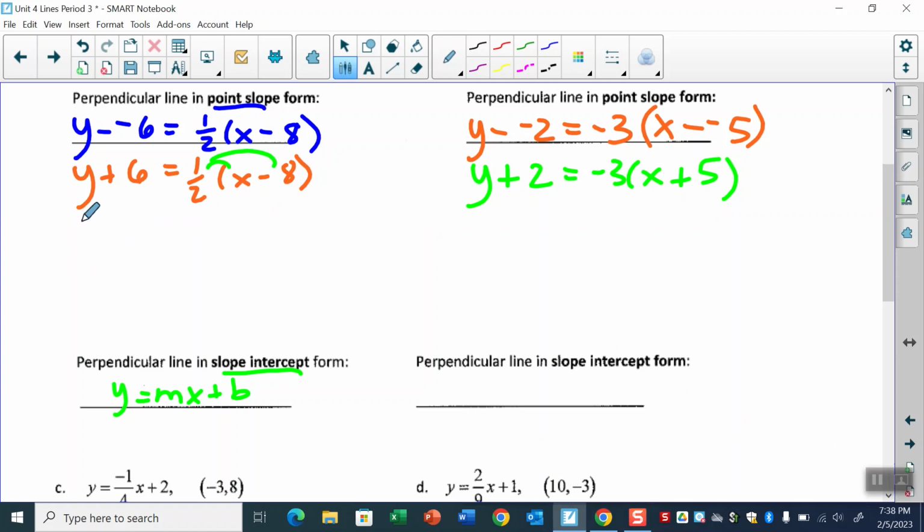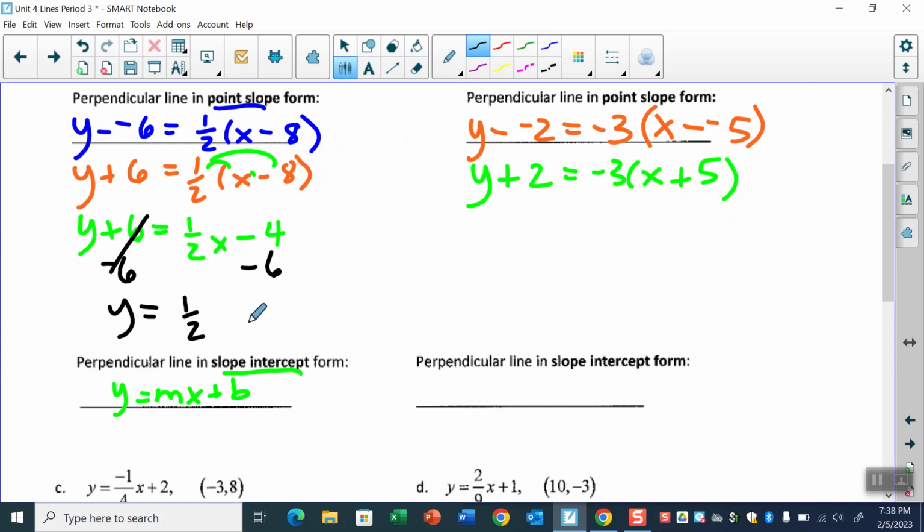Okay, so y plus 6 equals 1/2 times x is 1/2 of x, and then half of negative 8 is 4, right? And then I'm going to minus the 6 on both sides. So that goes away, and I get y equals 1/2 x, -4 minus 6 is minus 10. So that is in slope-intercept form.